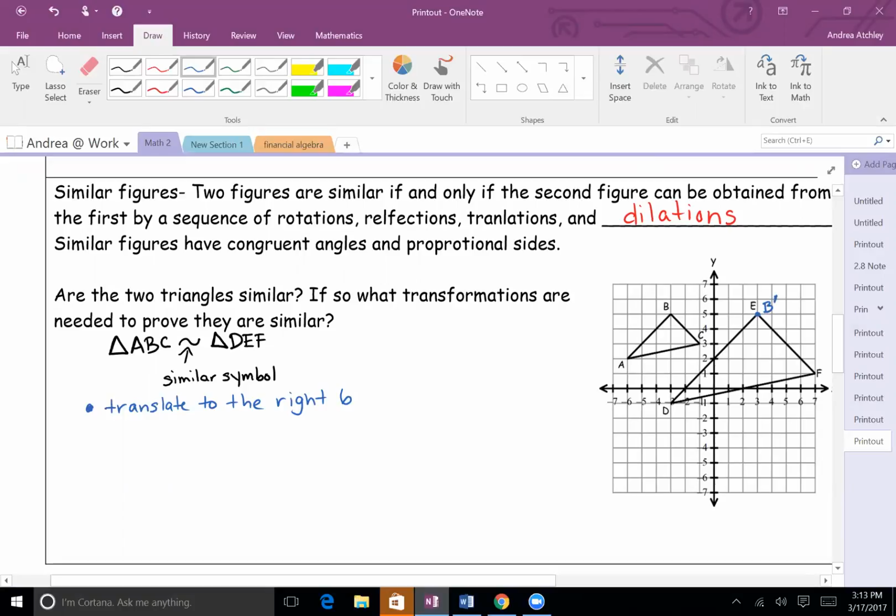And then C is going to move over 6. 1, 2, 3, 4, 5, 6. And then A is going to move over 6. 1, 2, 3, 4, 5, 6. So my new triangle is here.